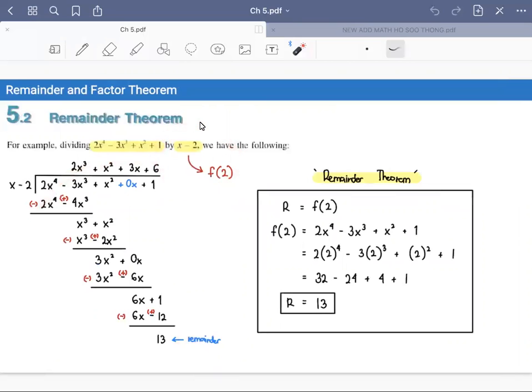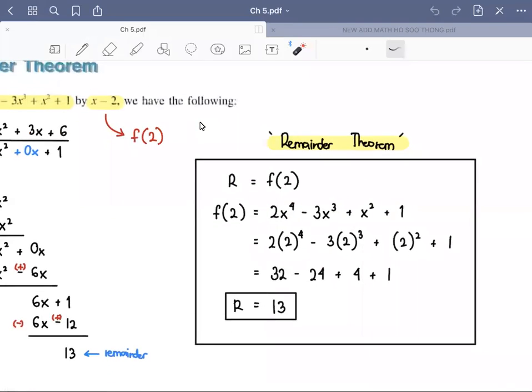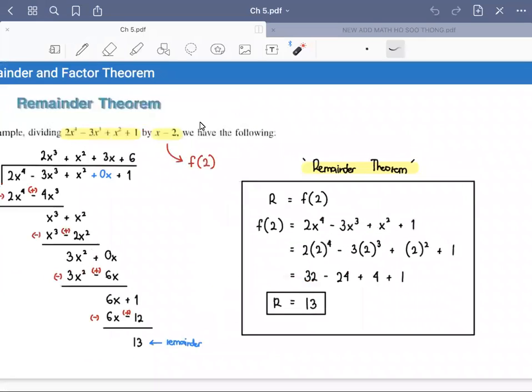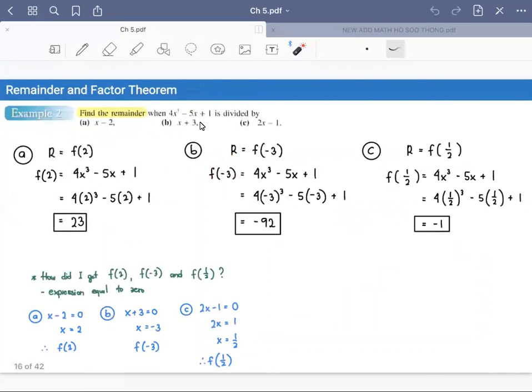If you still remember the functions topic that we had last year, we just substitute in all values of the functions, and then you'll get your remainder right away. So that's the purpose of the remainder theorem.